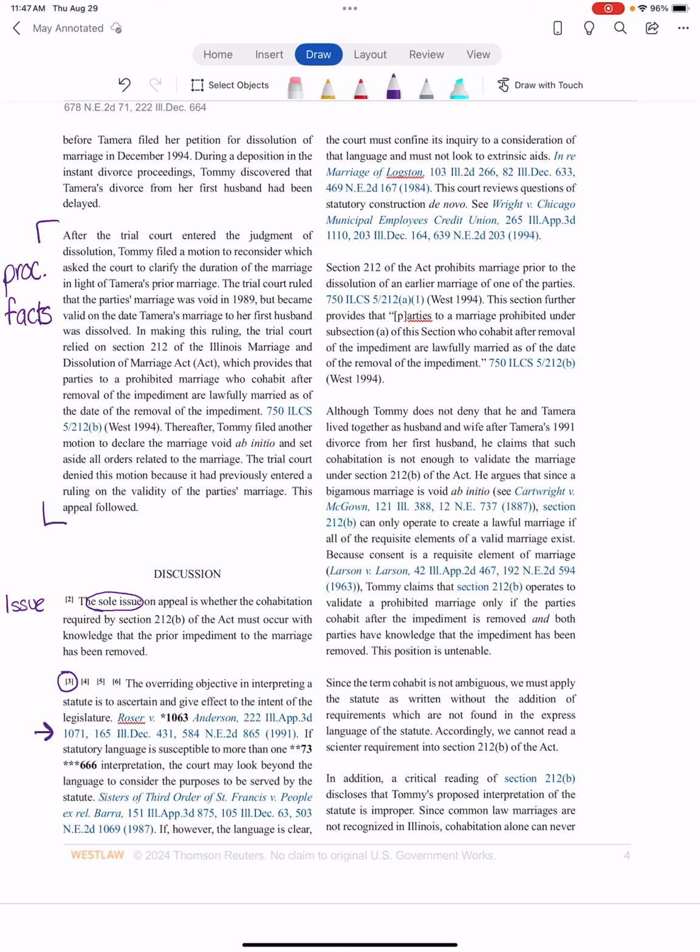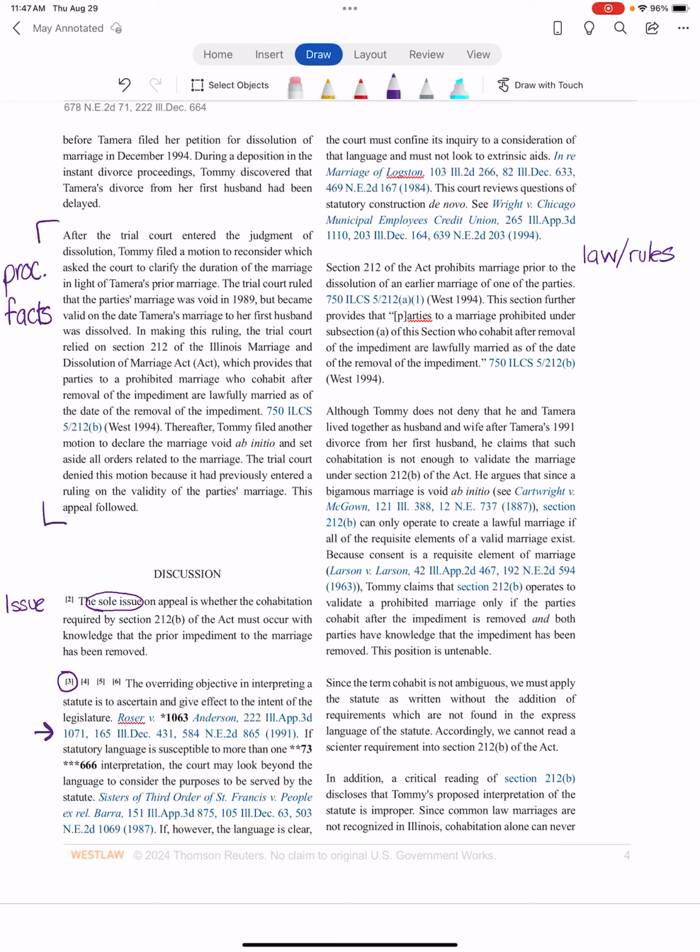Once I get down here, the next paragraph, section 212. Okay, so now we're talking about the marriage laws. So that's going to be more the law and rules on the issue that I care about. So I'm going to just label that down here like this: law, rules. And then I see more discussion of Tommy and Tamara.